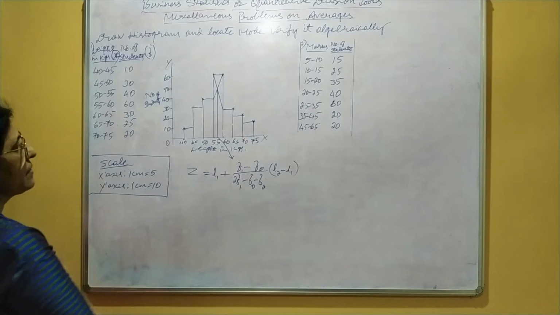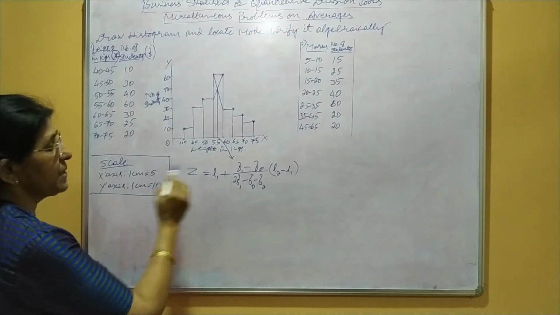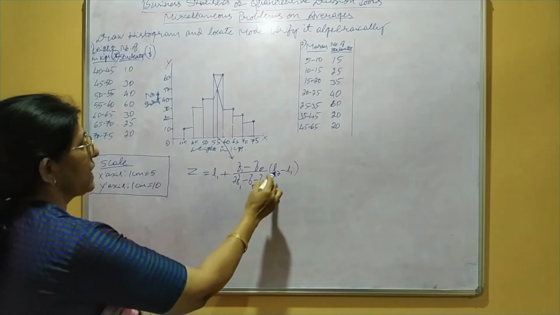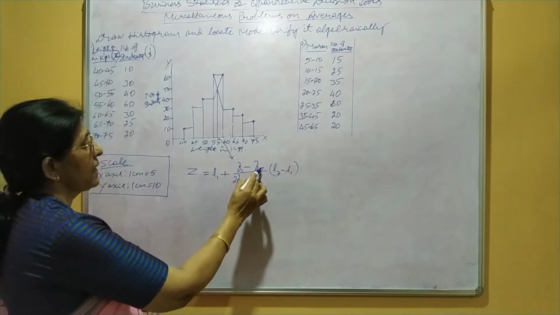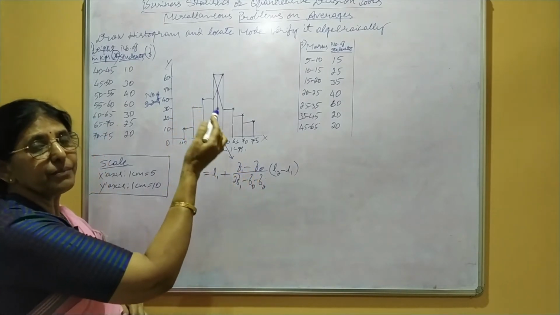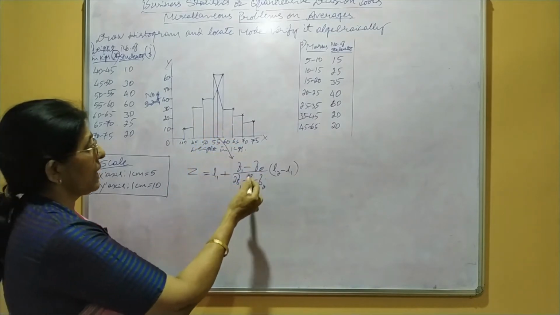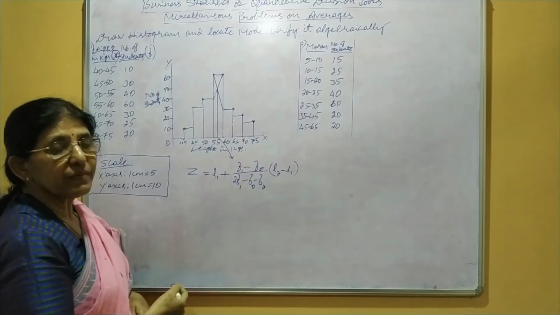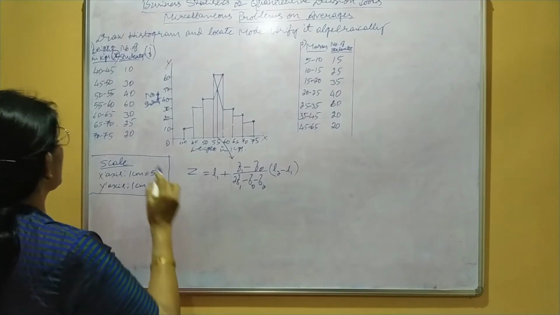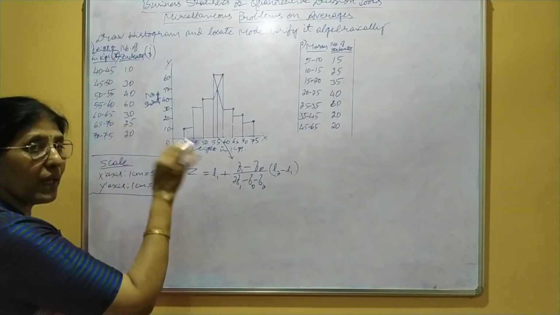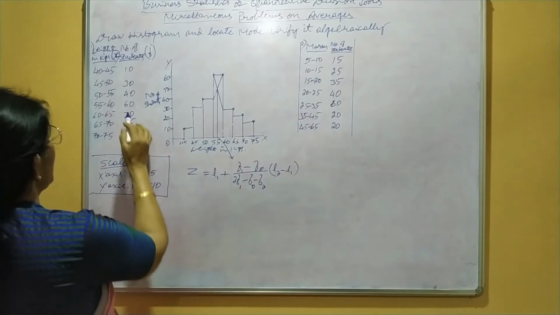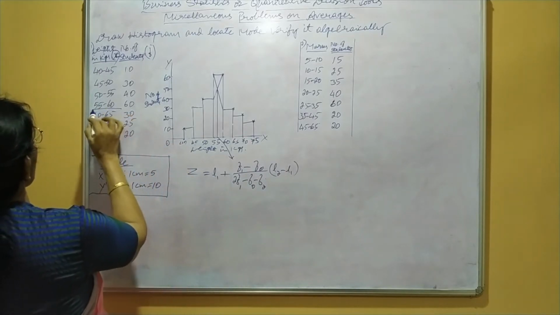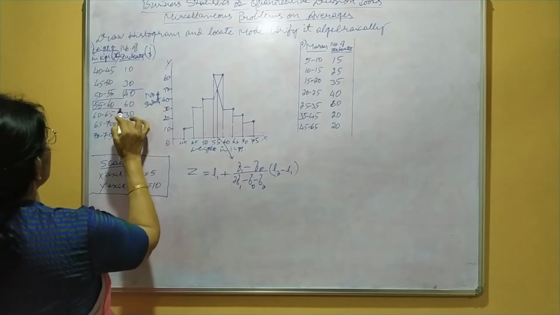We take the modal class. L1 means the lower limit of the modal class, L2 the upper limit of the modal class, f1 the frequency of the modal class, f0 the frequency of the preceding class, and f2 the frequency of the succeeding class. The modal class occurs corresponding to the highest frequency. The highest frequency is 60. The modal class is 55 to 60.